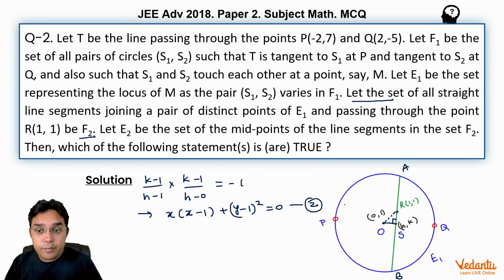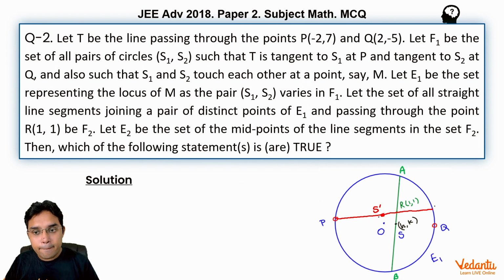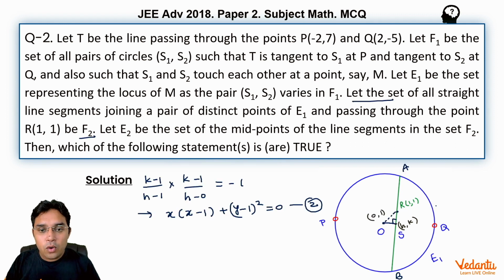Now, once again, because P and Q are not lying on E1, all the corresponding points on this equation number 2 should be excluded. If I join P with R and make a chord, then the midpoint of this one should not be lying on this locus of E2.